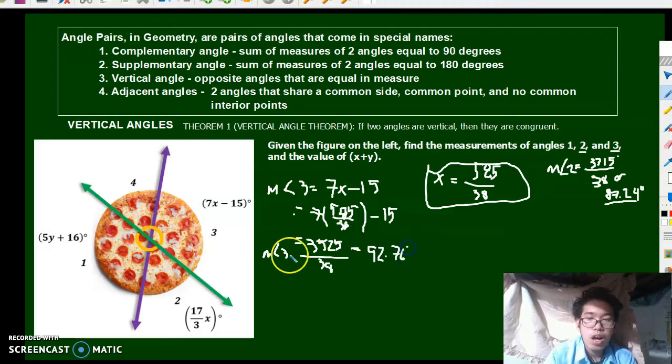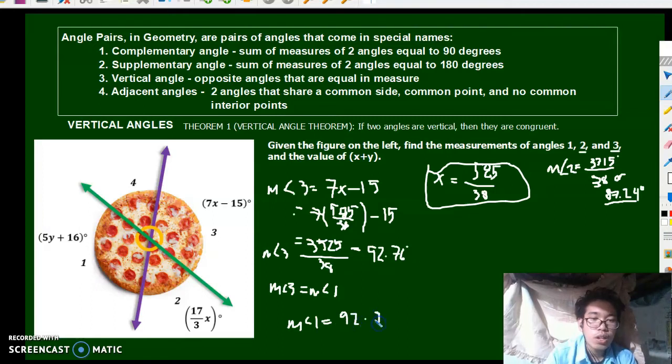And since the measurement of angle 3 is equal to the measurement of angle 1, because they are vertical angles, then we can say that the measurement of angle 1 is also 92.76 degrees, or 3,525 over 38 degrees if you want the exact value.